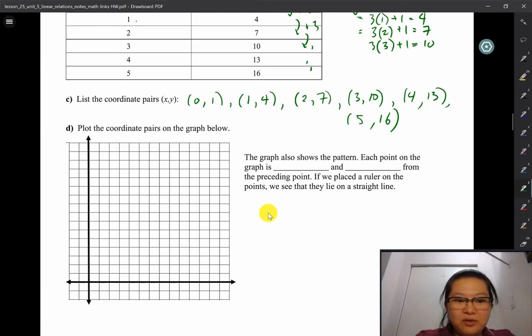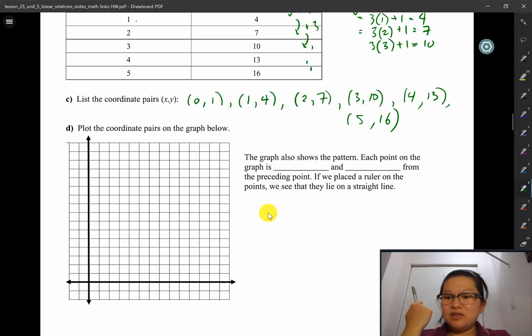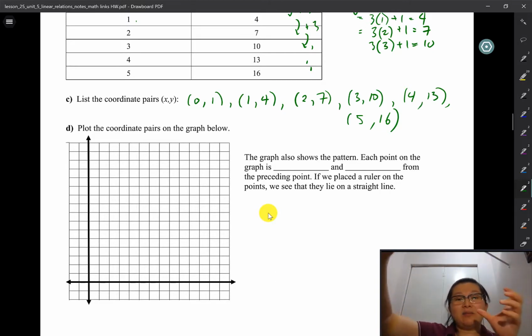If I plotted all these dots and it turns out I end here, that's a tiny little graph. No one can see that. It almost defeats the purpose of drawing a graph, because you want to visually communicate information to people. If you draw such a tiny graph, no one can see what the relationship is. So you want the graph to take up as much space as possible.